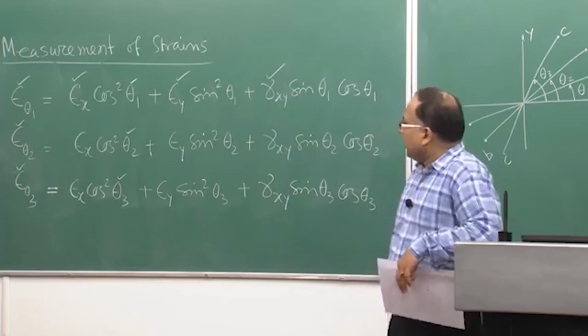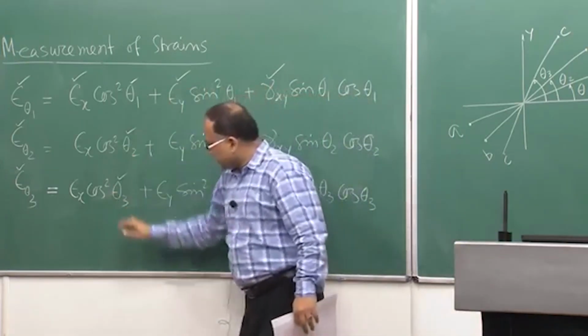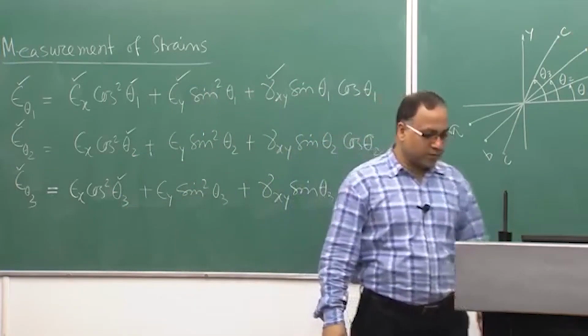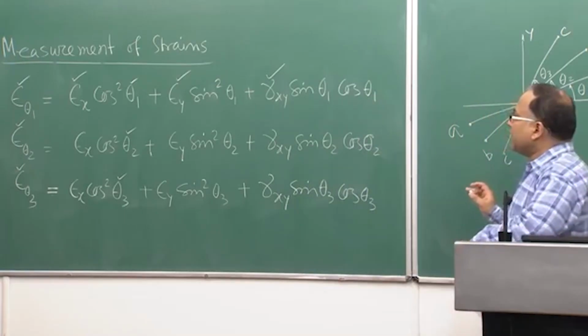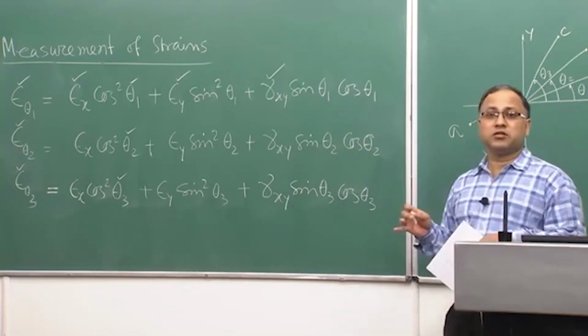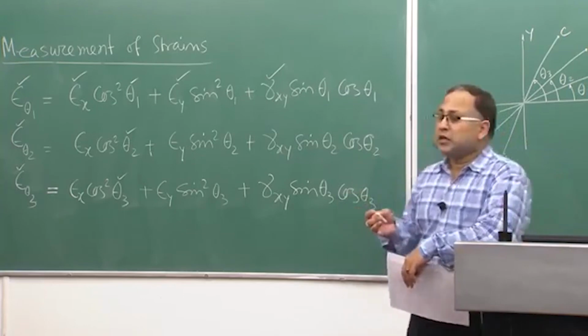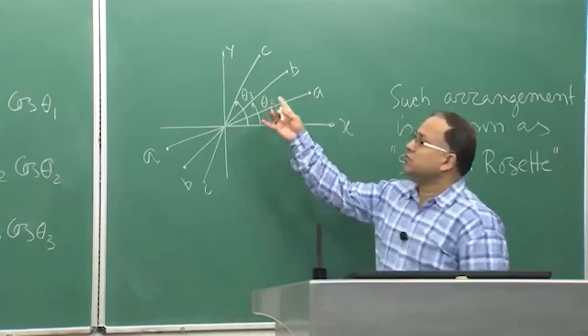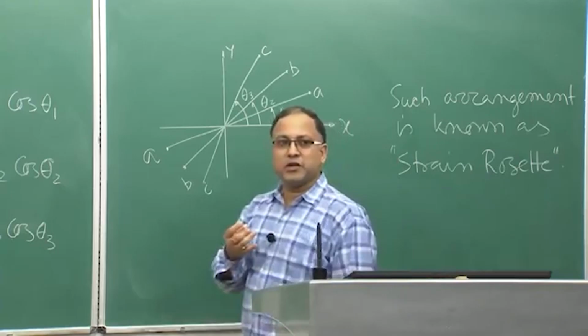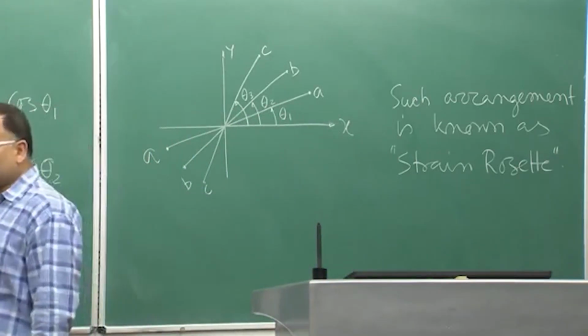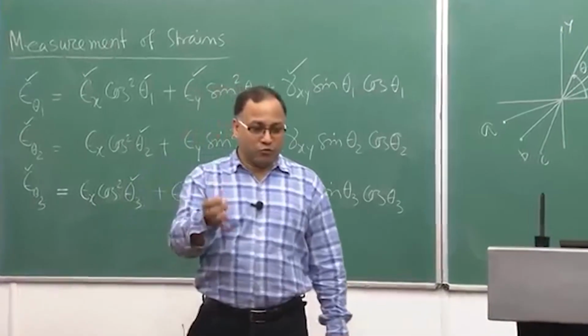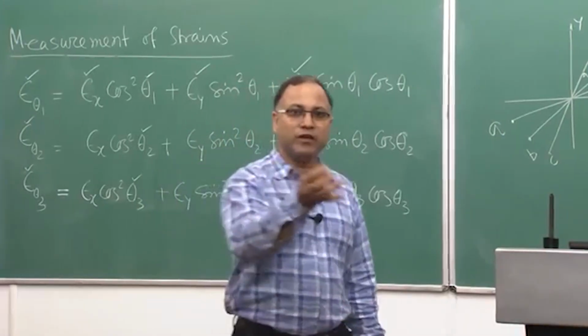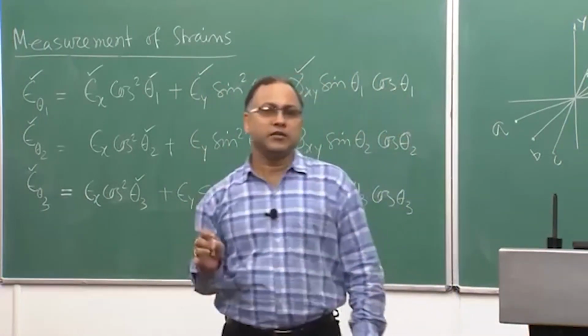Now, if you look at these 3 equations, nowhere is it mentioned that you are compelled to choose particular magnitudes of theta 1, theta 2, theta 3. You can choose as per your own choice. There is no compulsion that you have to take theta 1 like this, theta 2 like that and theta 3 like that.